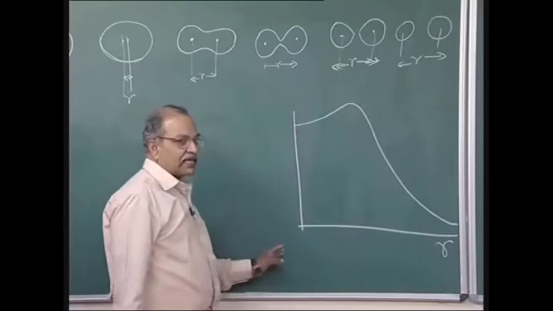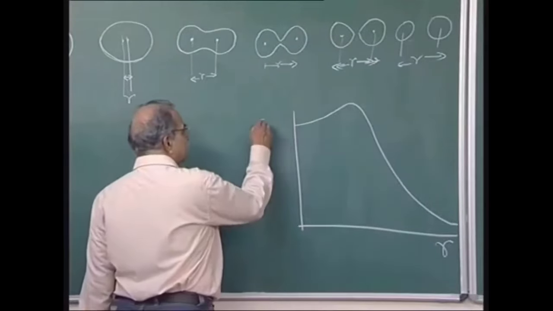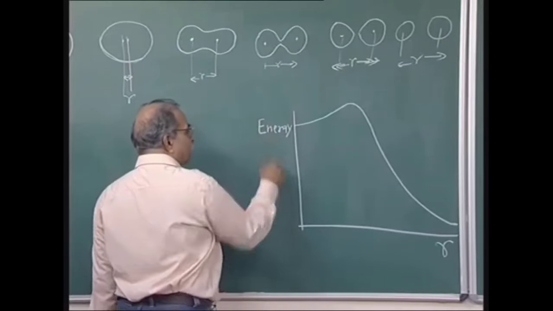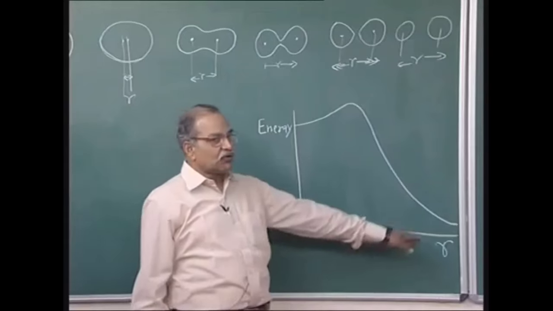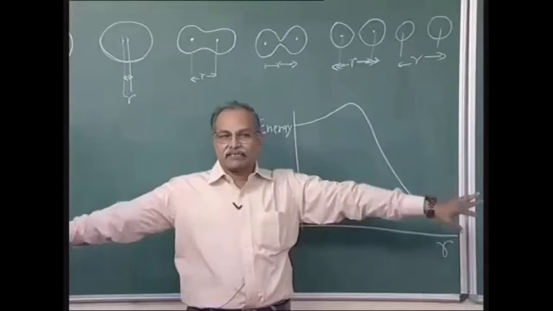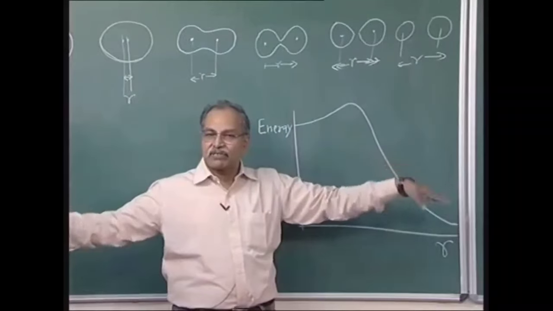So, on the horizontal axis we are showing this deformation parameter, and here we are showing that energy, and 0 of energy is taken when these two fragments are well separated. So, the Coulomb energy is also 0, they are well separated.